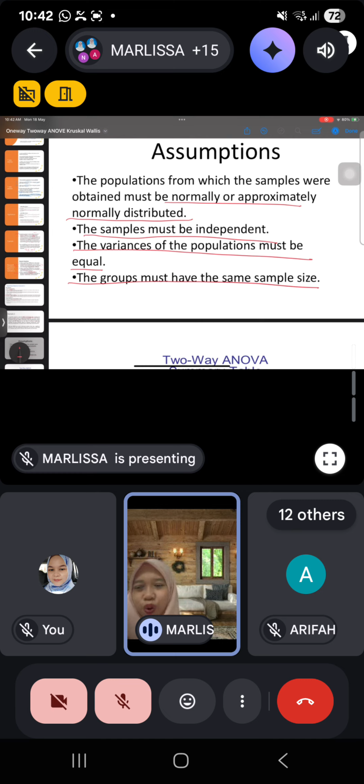You need to have similar sample sizes. If you want to do a comparison between groups, make sure there is no huge difference between groups, because otherwise there might be bias in the analysis later, and we don't want to report a biased result.